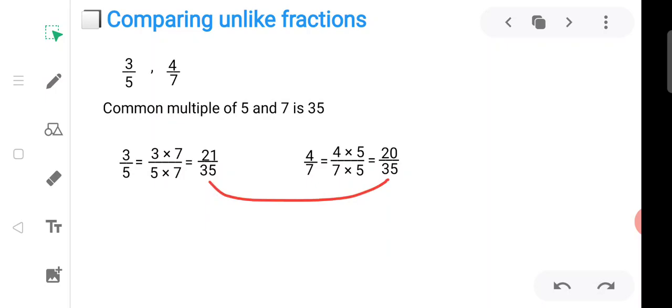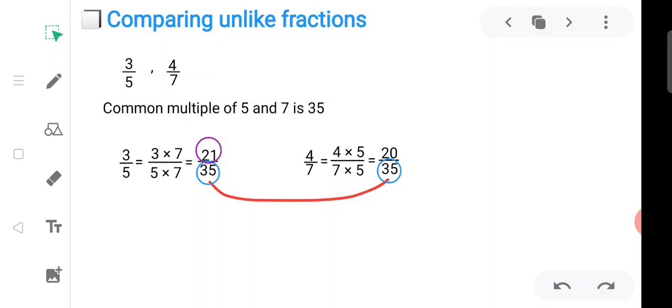Now see the numerators. Here is 21 and here is 20, and you know 21 is bigger than 20. Here we need to check only the numerators because the denominators are the same.